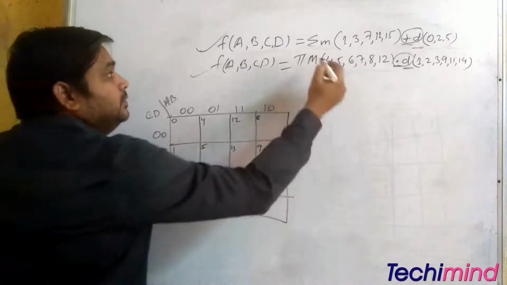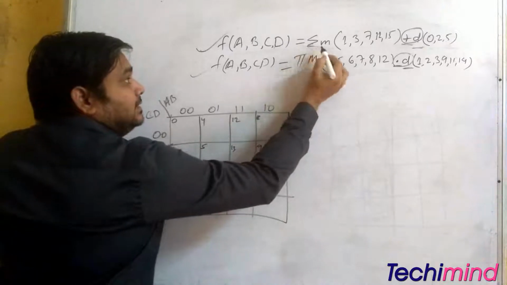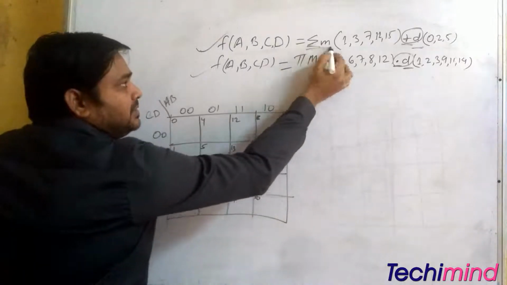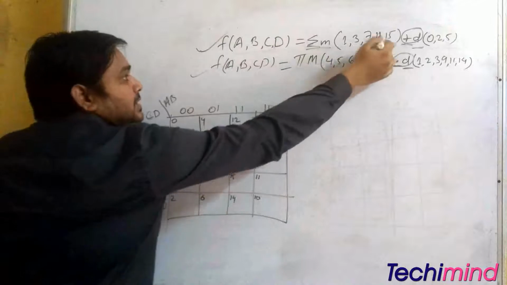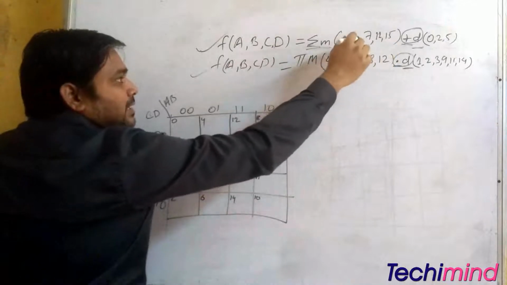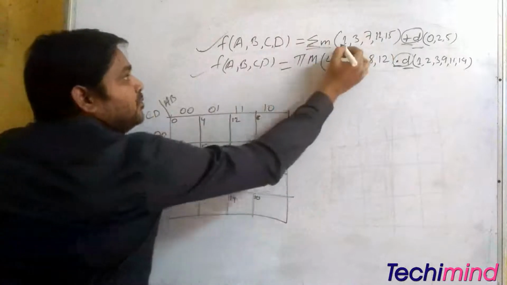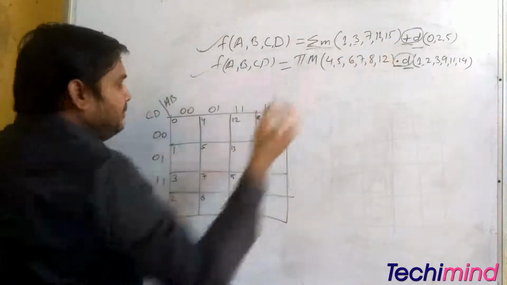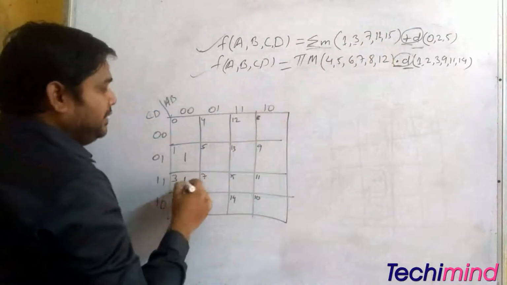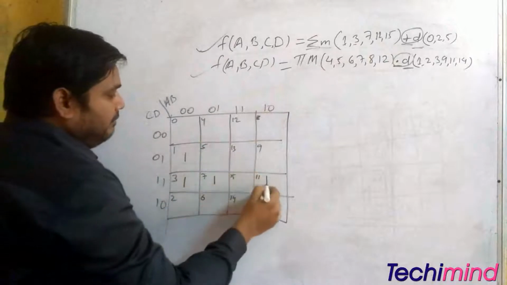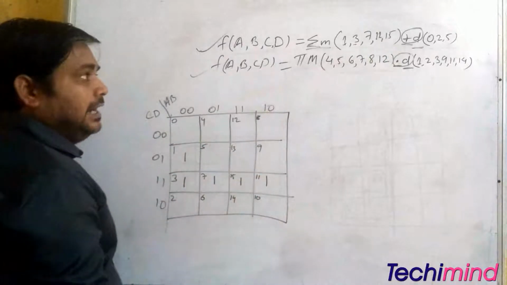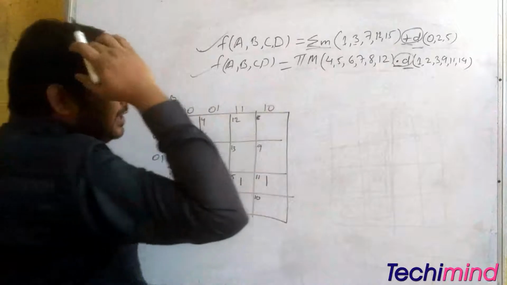Now, as there is the sign of summation small m, that means it is in SOP term. So for the corresponding numbers, we put 1 in the corresponding cells. So here we have 1, 3, 7, 11 and 15. And here we have some don't care condition also.